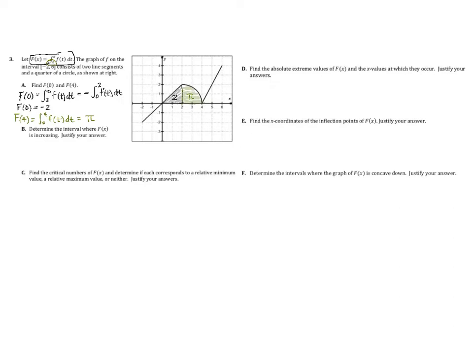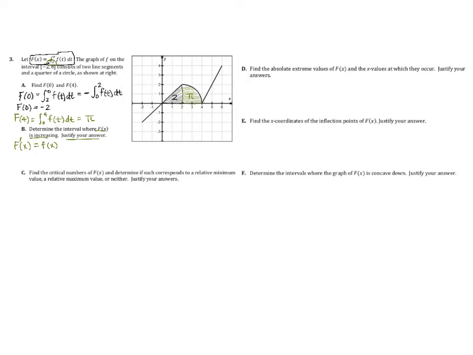All right, so for part B, determine the interval where f of x is increasing and justify your answer. So I do know that if I take the derivative of f of x, that's equal to just the graph that I'm given, which is going to be f of x.